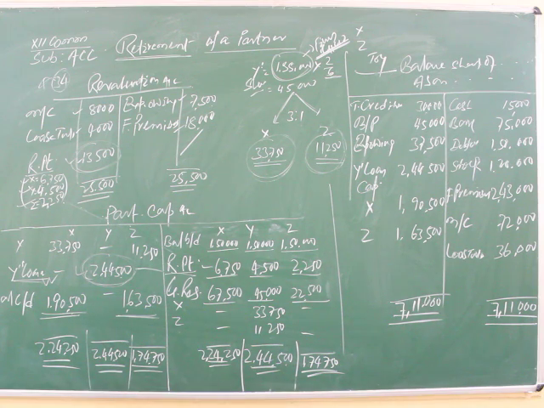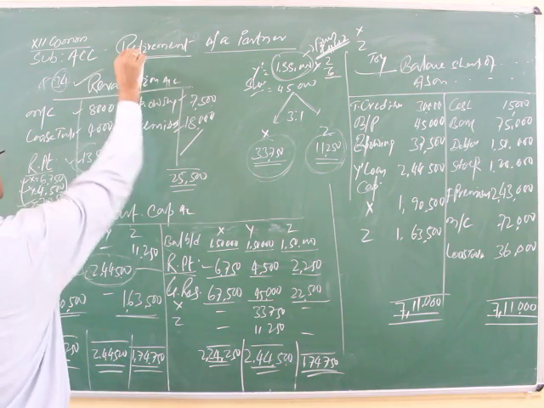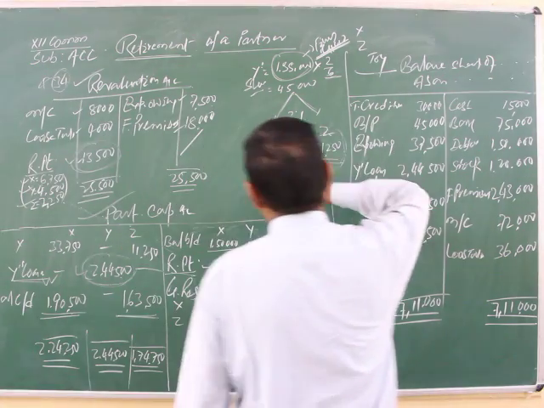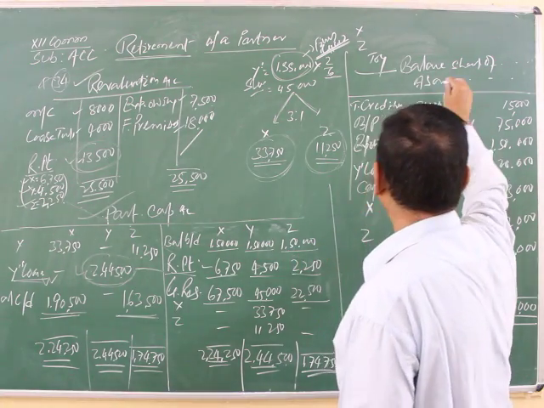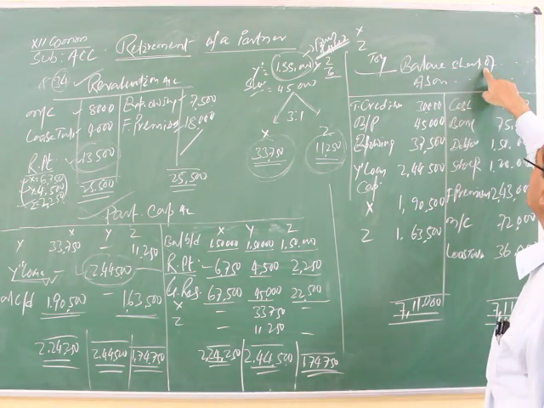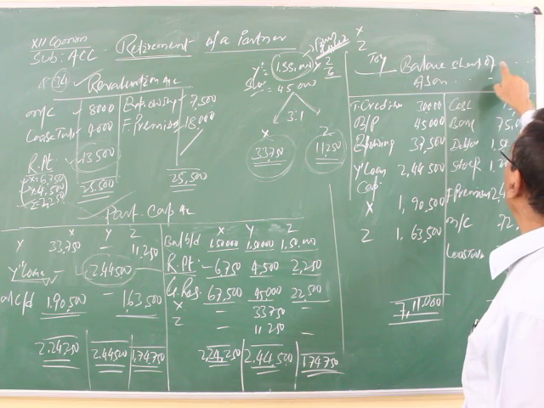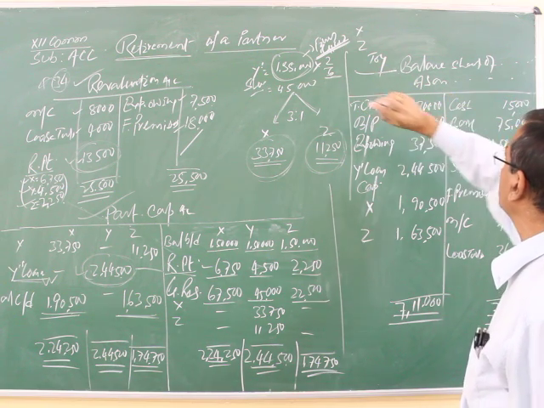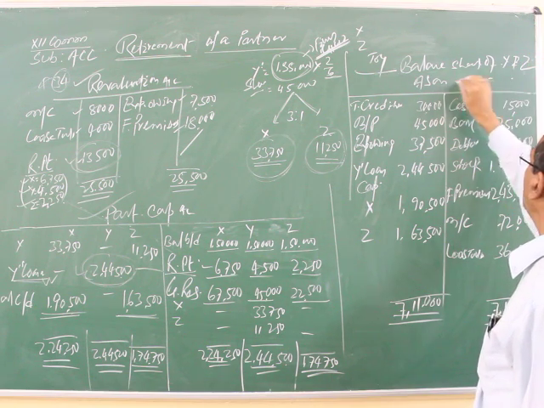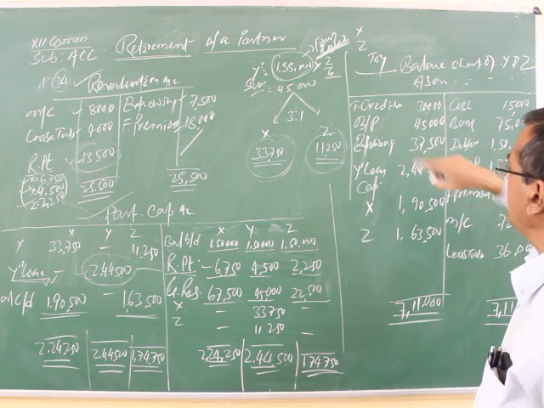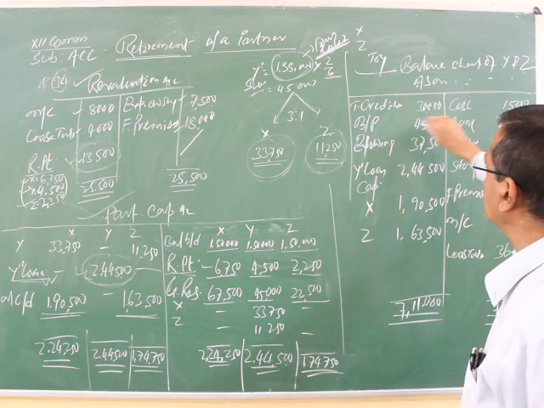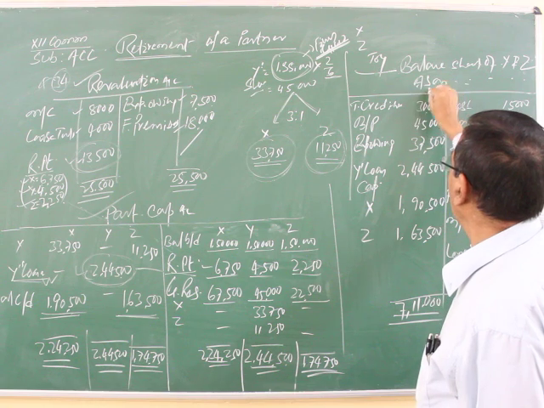Later, after the preparation of the revaluation account, the partners' capital accounts and the treatment of goodwill, we have to prepare the new balance sheet of X and Z because Y has retired. So the balance sheet of X and Z on the date has to be written. On this side the liability side, rupees, understood or not?